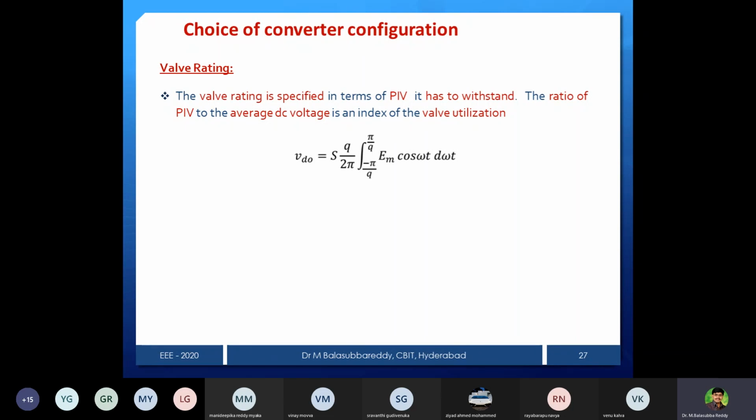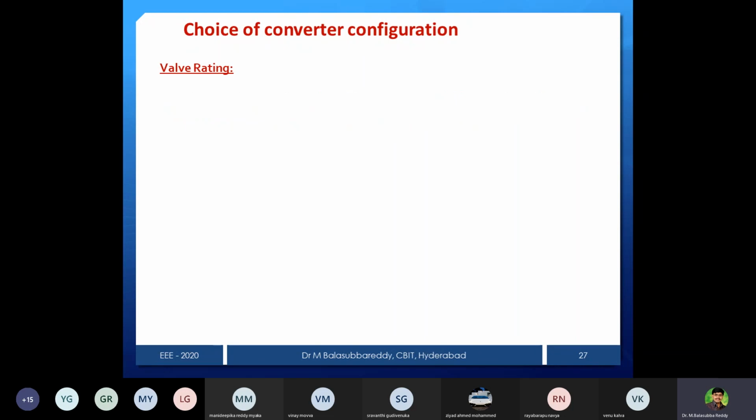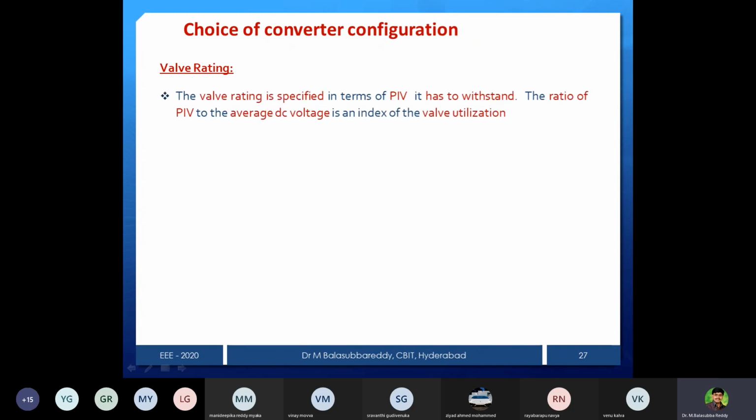And now we can look at the valve rating. Valve rating is nothing but, as we noticed previously, the peak inverse voltage times the average current. That is what decides the valve rating. Now you can see that the valve rating is specified in terms of the peak inverse voltage it has to withstand.